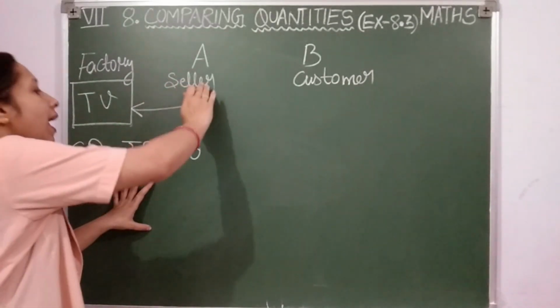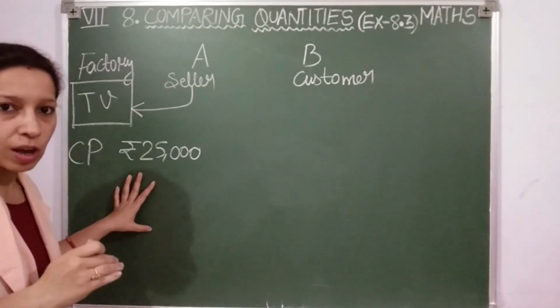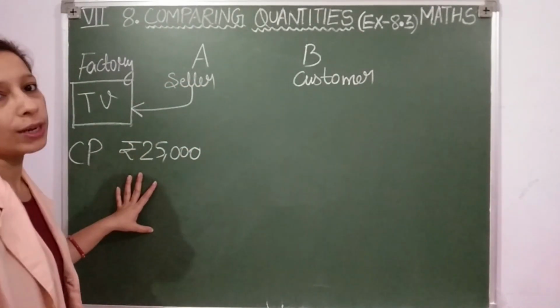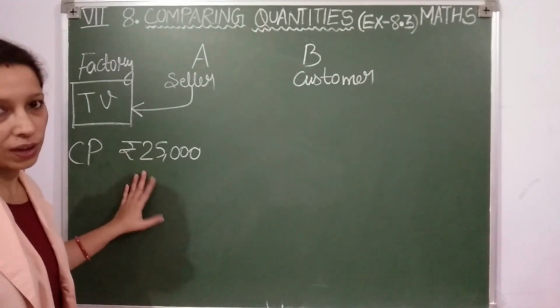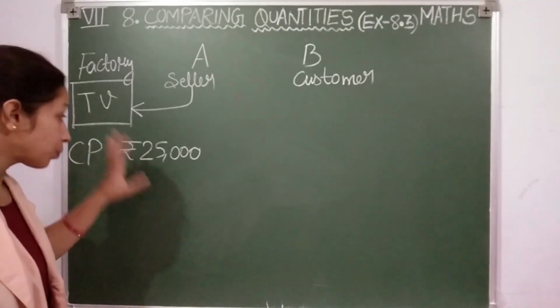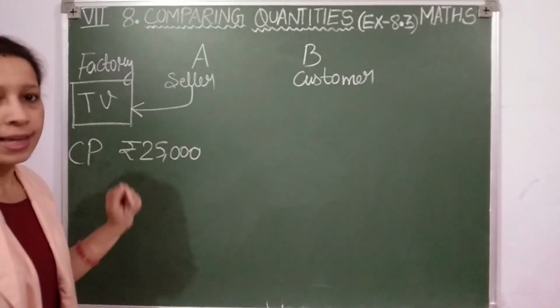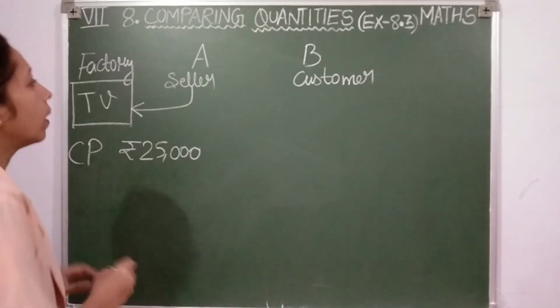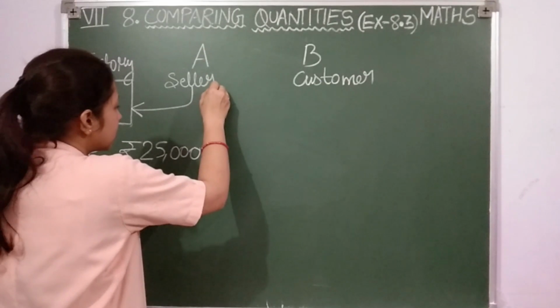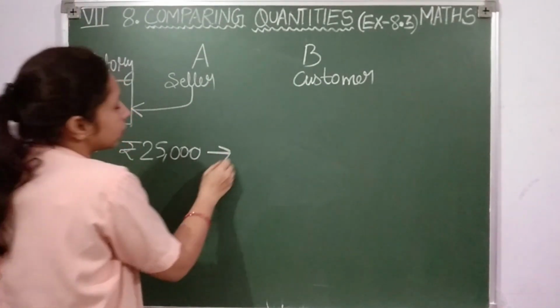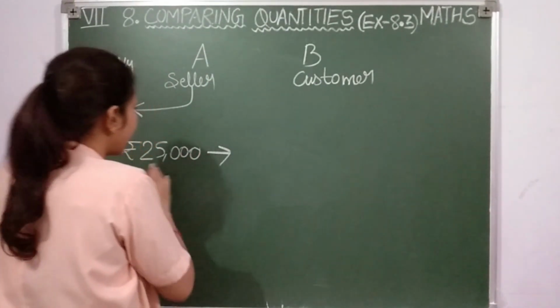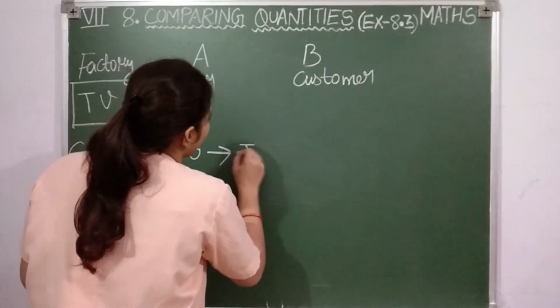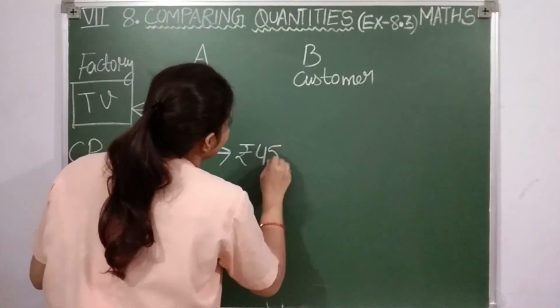Okay, means if A has purchased TV at rupees 25,000, then at what amount he is going to sell it? Obviously greater than 25,000, isn't it? He will increase the amount and he will further sell it to his customer. Okay. Now suppose A has fixed the selling price of the TV as rupees 45,000.